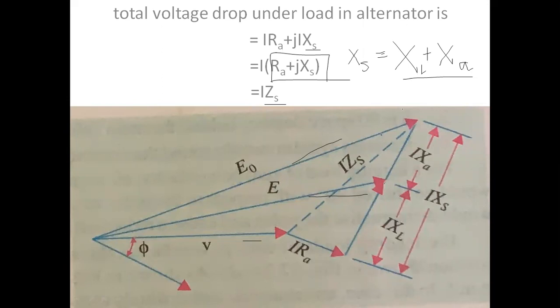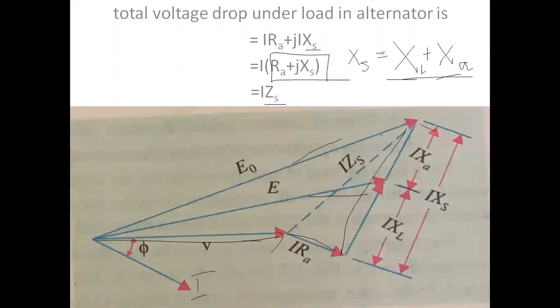Okay, so here E is equal to IRA plus J into IXS, right? IXS is again represented by IXL plus IXA. So first V is taken as the reference vector, and I is lagging. So I have to add the IRA drop to V, IRA parallel, then perpendicular IXS, total IXL plus IXA.